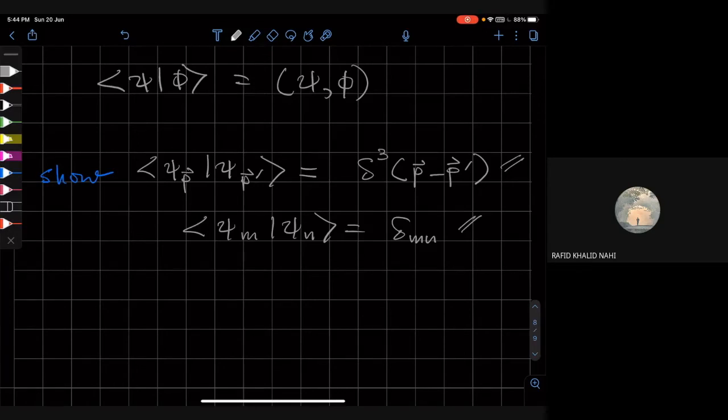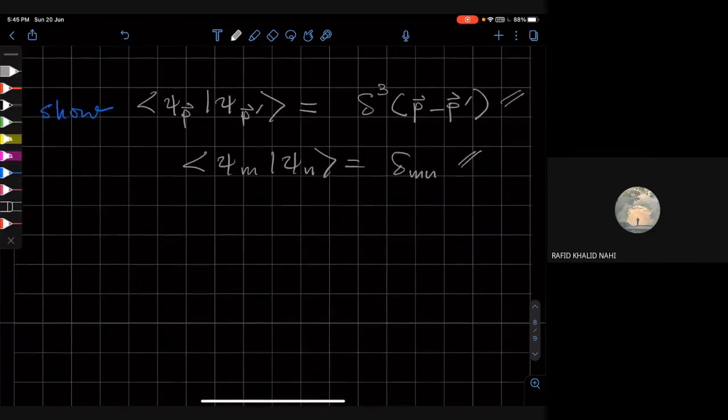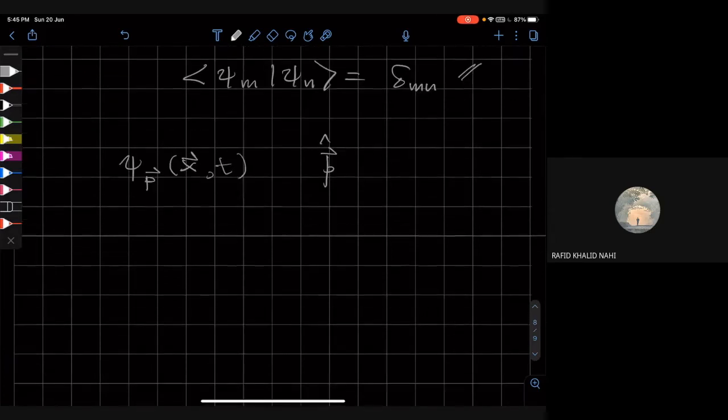Okay, so what we have established is that these things are a complete set of eigenbases for the momentum operator. Okay, and in the free case, E is going to be equal to p squared by 2m.